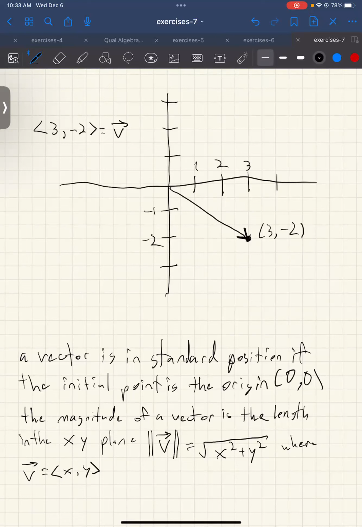Well, now we can do the same thing and say that we want to find tangent inverse of, now when we make this triangle, again, we do opposite over adjacent. Opposite side is going to be the vertical. So this is -2, and adjacent is 3.